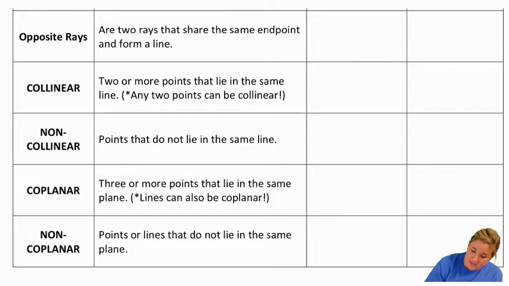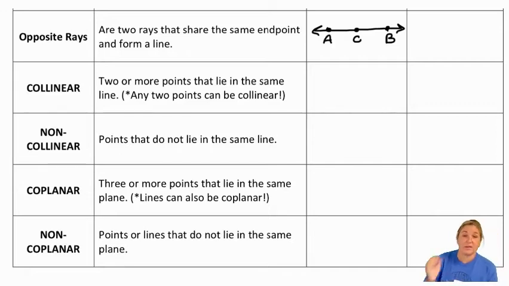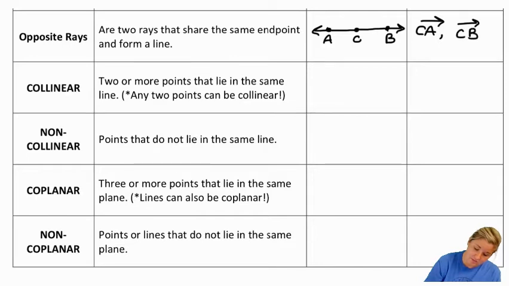So if we had a ray going this way, starting at C, and we named another point on there at B, and then we had a ray going the opposite direction, starting out at C, with another point on there, A, you would name these ray CA and ray CB. You could name them either way, but you would name those two rays separately, apart from each other.